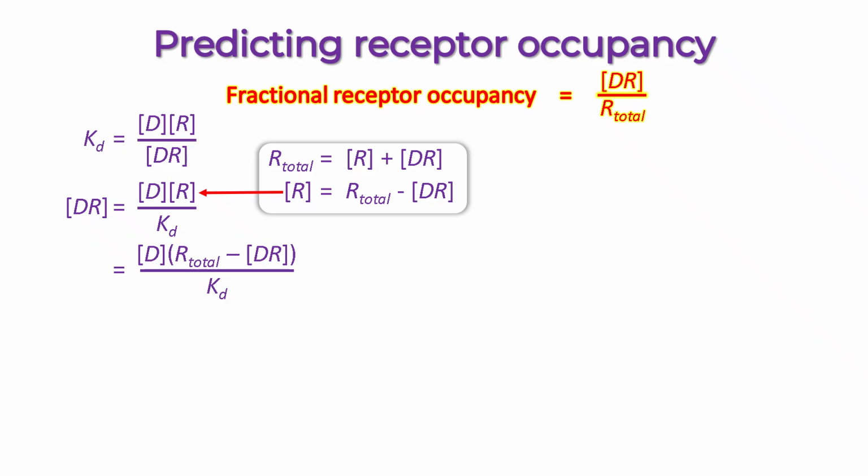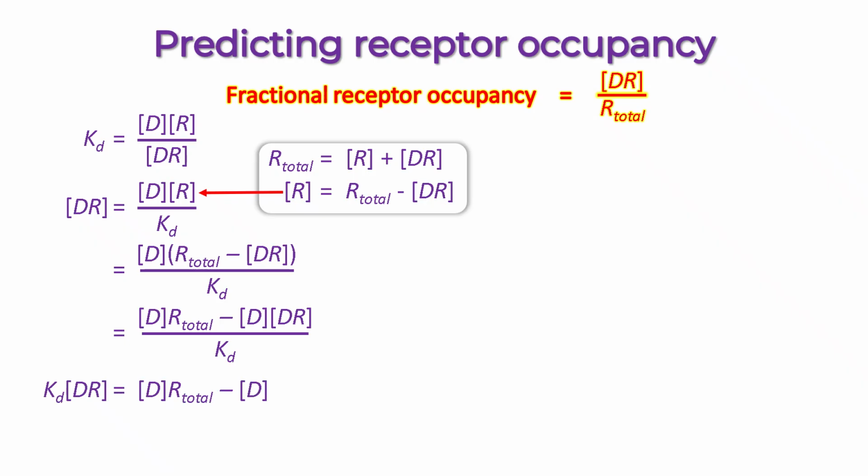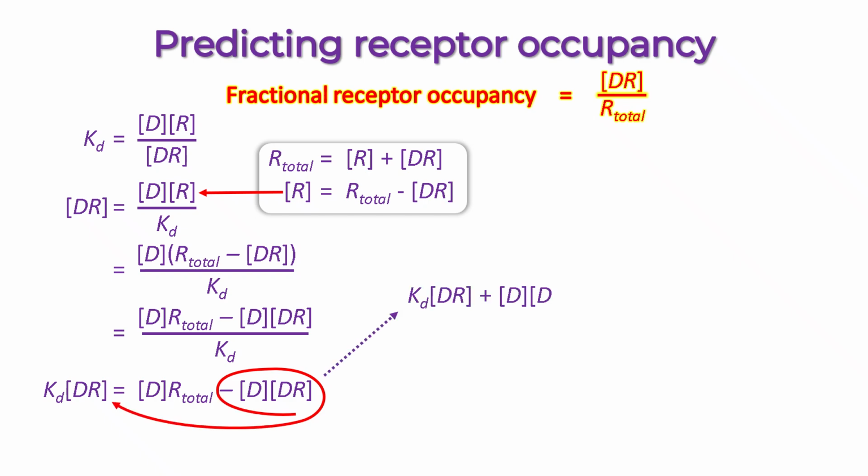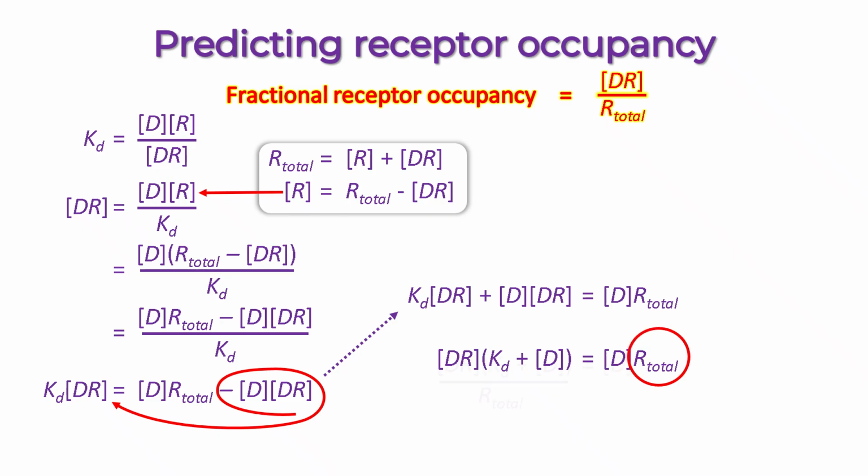We then rearrange the equation and redistribute the drug concentration term. Multiplying both sides by Kd removes the fraction and simplifies the expression. Next, we collect all the DR terms on one side of the equation and factor them out. Dividing both sides by the total receptor concentration moves us closer to a fractional expression.